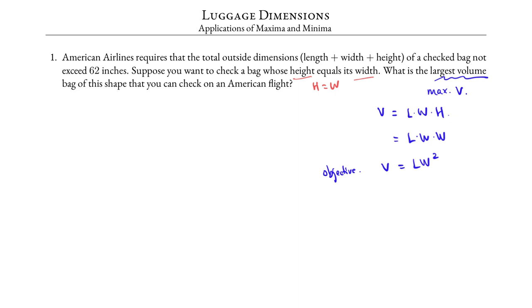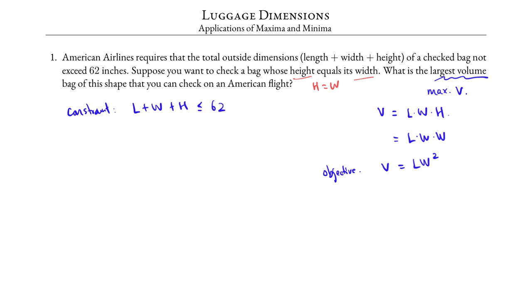The constraint is that the length plus the width plus the height has to be less than or equal to 62. It cannot exceed 62. This means the constraint equation will be L plus W plus H less than or equal to 62.